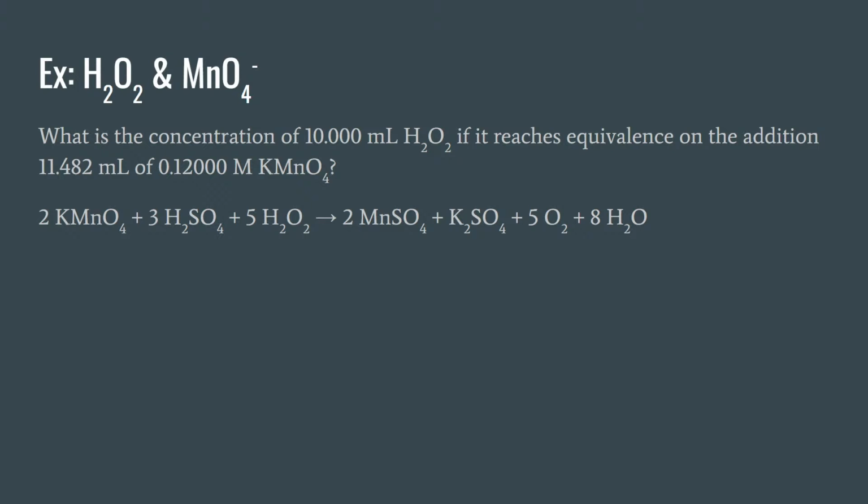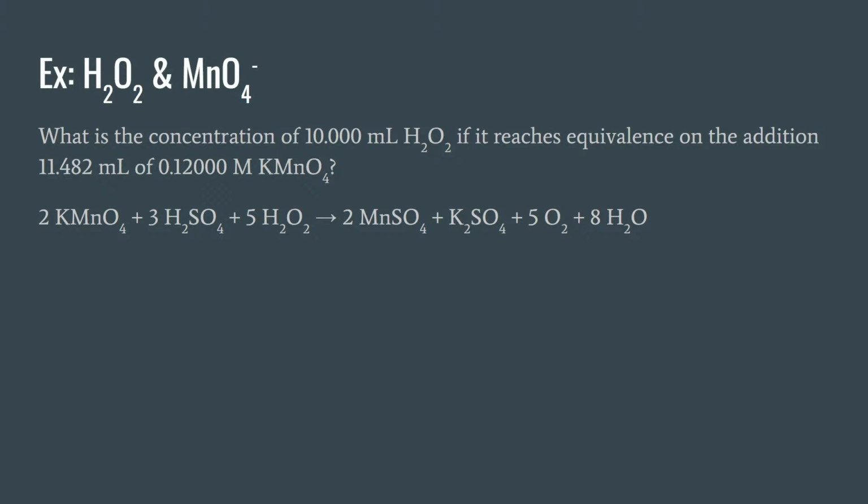This is a class of reactions you'll learn more about later on, and they are weird to balance. So I went ahead and balanced it for you. If we have 10 mils of hydrogen peroxide, and then we add a well-characterized solution of potassium permanganate, what is the concentration of our hydrogen peroxide?